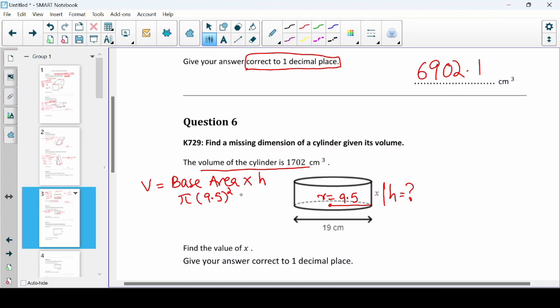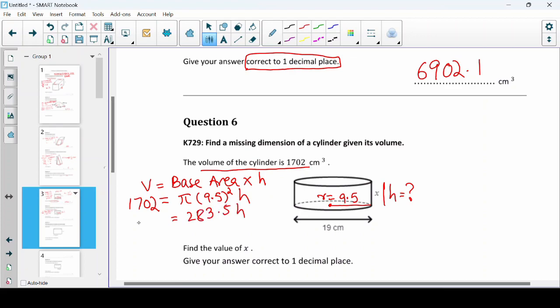1702. So if we solve this question, we multiply this pi with 9.5 and then square it, so it gives us 283.5.